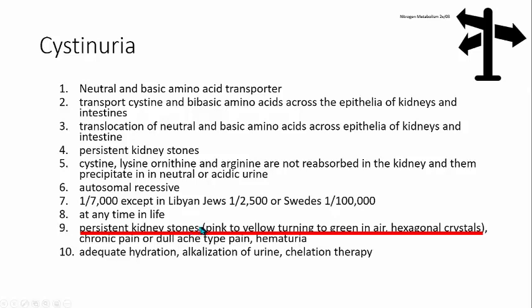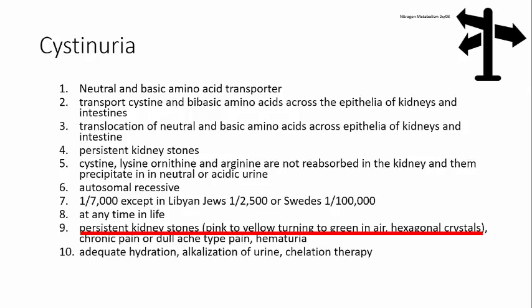When their urine dries just slightly, you can actually see these pink to yellow crystals that turn green in air inside the diaper of the babies. These are hexagonal crystals. They're extremely painful to pass through the urethra, giving the symptom of the crying baby.